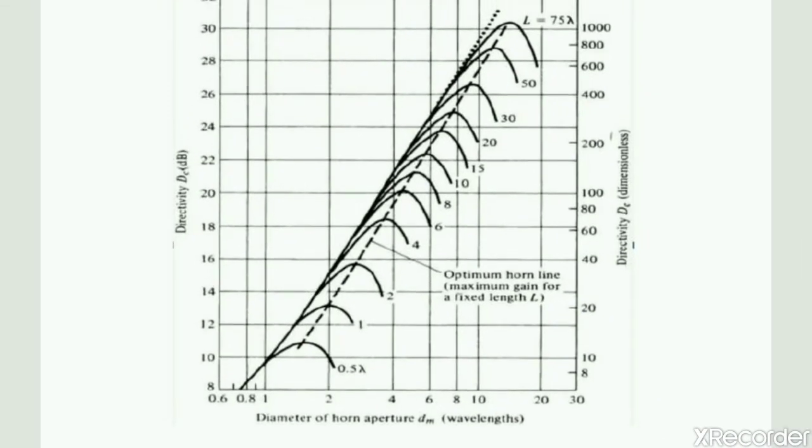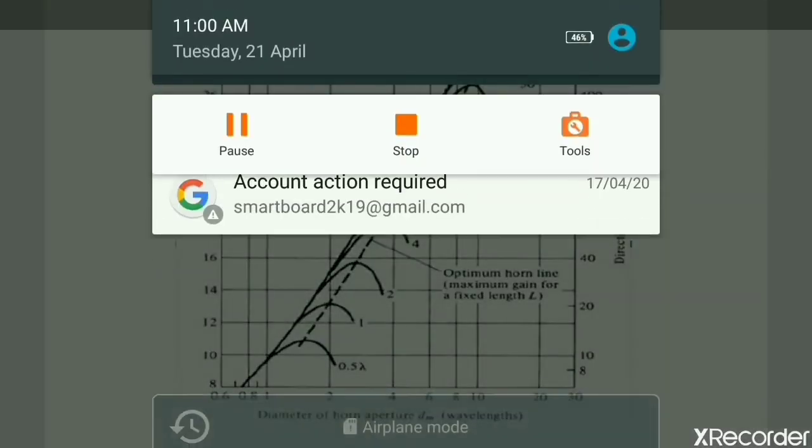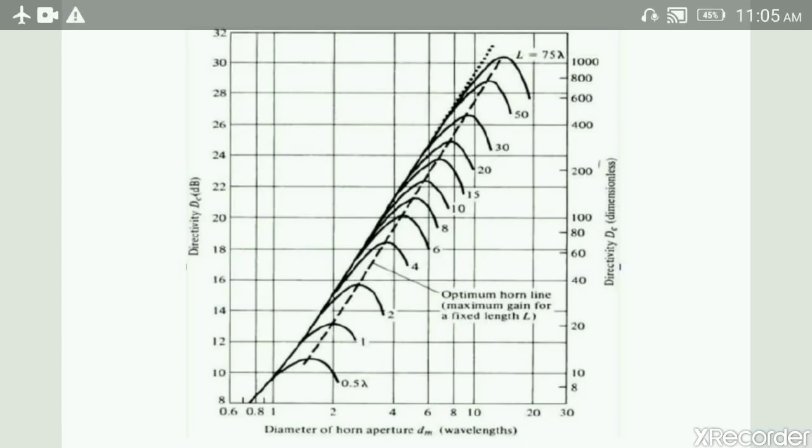So we can see there is one graph which shows the relation between directivity D suffix c and the diameter of horn aperture, that is dm, in wavelengths.